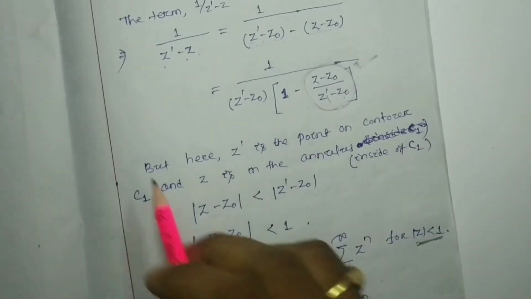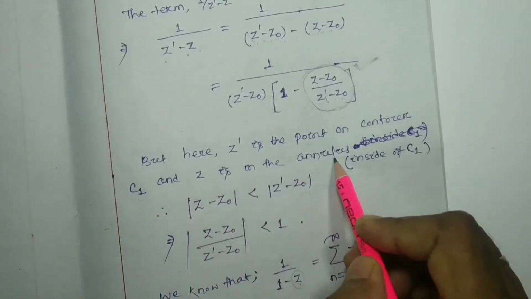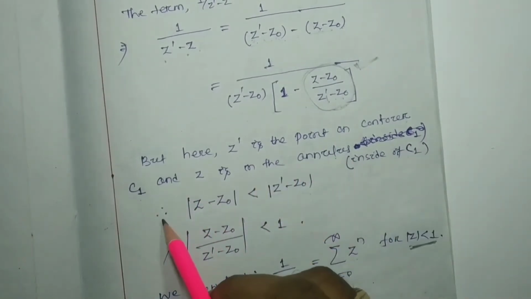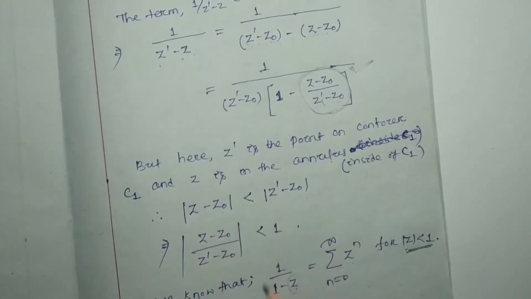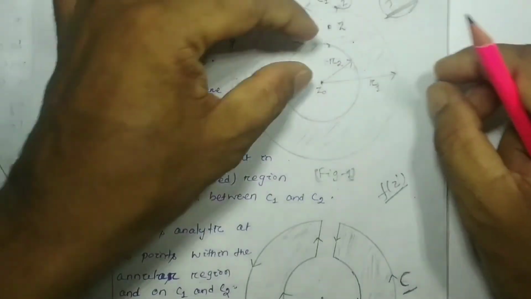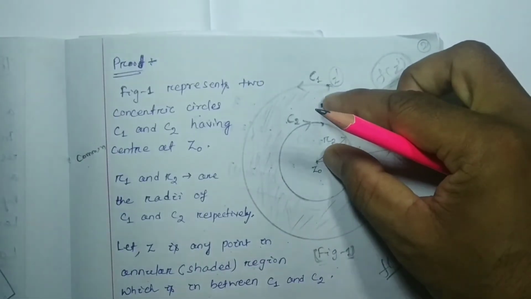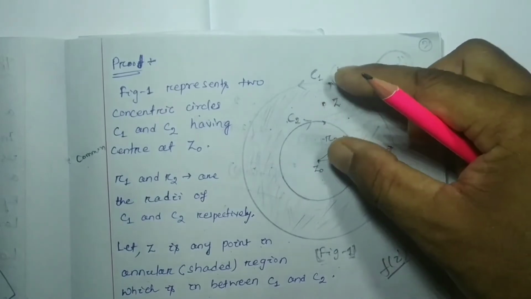But z dash is the point on the contour C1 and z is in the annulus inside C1. Therefore mod of z minus z0, meaning this much distance, will be less than mod of z dash minus z0.